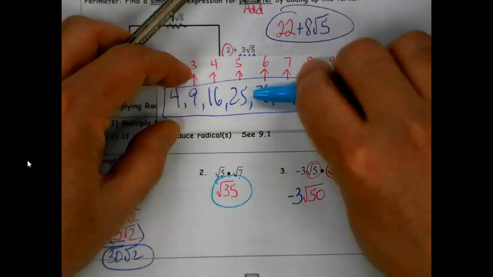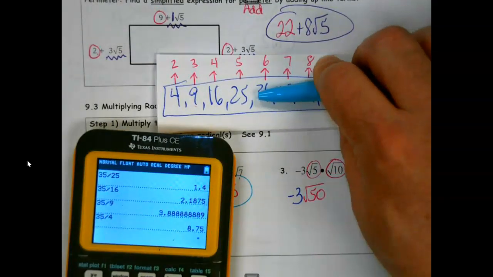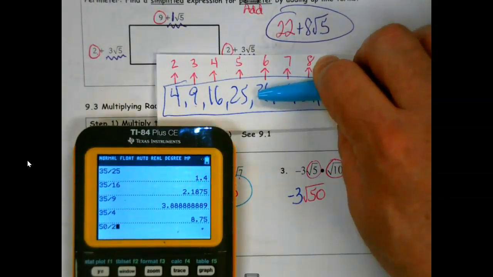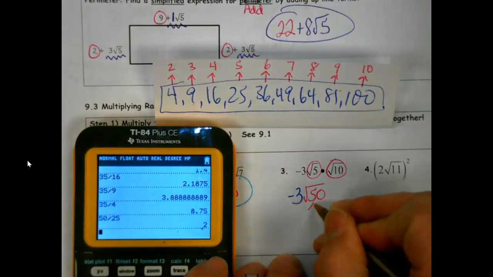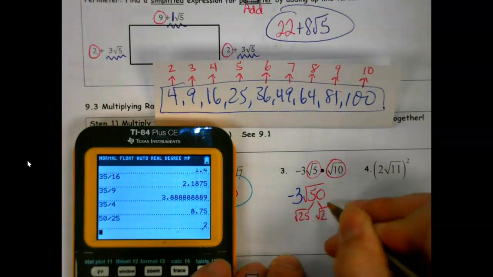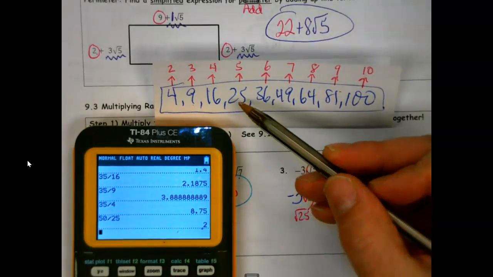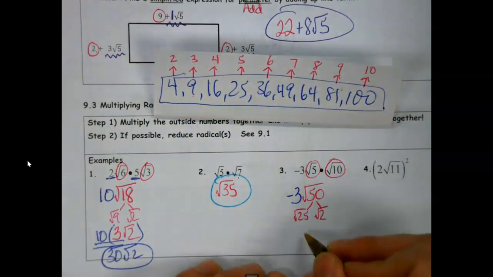Yep, 25. So that's going to go down to that, because if we do 50 divided by 25, we get 2. So 25 and 2. But again, the 25 being in the perfect square club, it's going to get out. It's going to be 5 square root of 2.